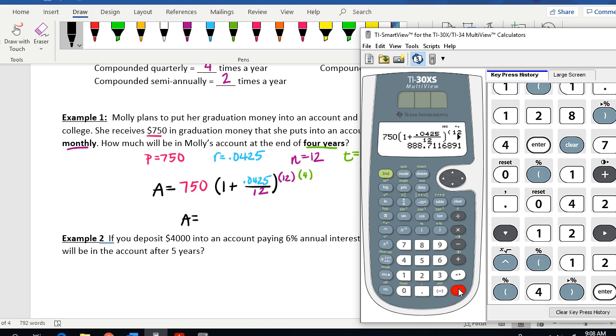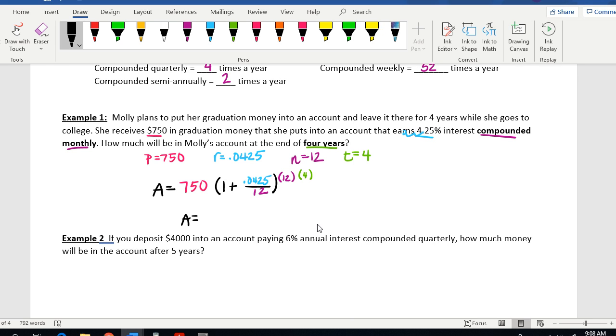So after 4 years, Molly will have $888.71.